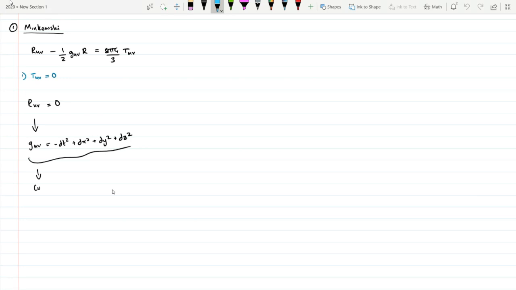And you'd find that if you start with this metric now, and plug this metric into our formula for the Christoffel symbols, which by now I should be able to write from memory, Γ^σ_bc equals 1/2 g^σa (g_ab,c plus g_ac,b minus g_bc,a). So if you work out the many different Christoffel symbols, you'll find that they vanish.